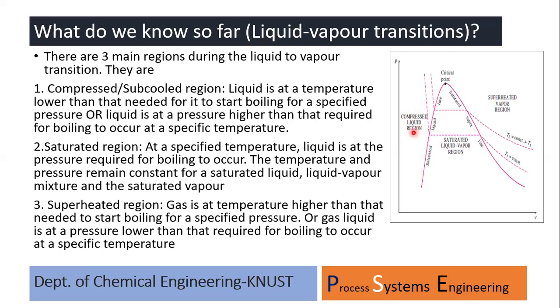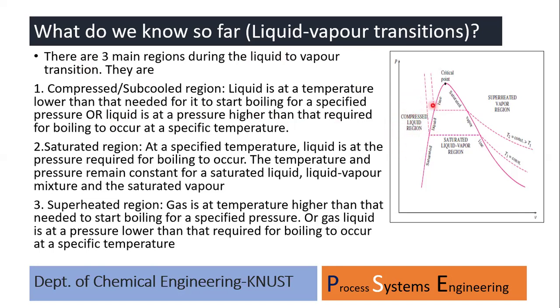For a material you want to keep as a liquid, you might have to increase the pressure or reduce the temperature. So compressed because of the increase in pressure, subcooled because of the reduction in temperature. If we are increasing the pressure to keep it as a liquid, then it's compressed. If you are reducing the temperature, then it's subcooled.